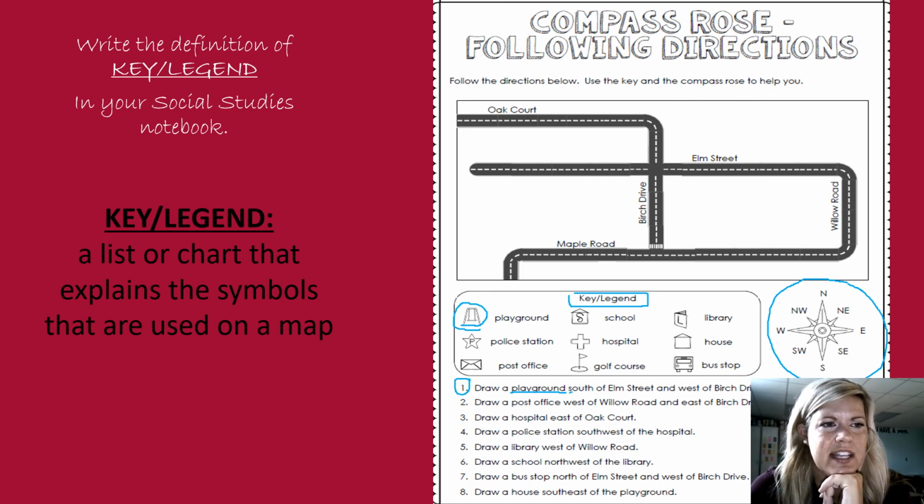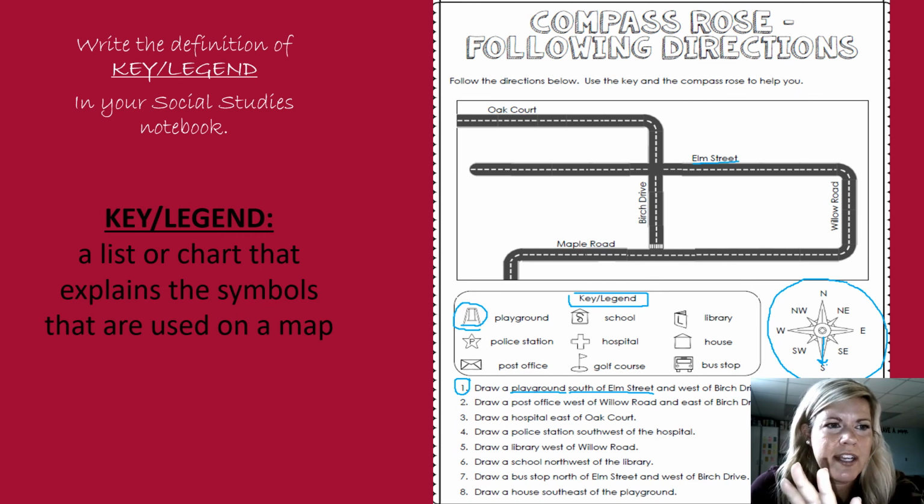So it says south of Elm Street. Okay? South of Elm Street means I need to go below it, because south means you're going down when we're drawing it on a picture. So I find Elm Street, and I know I need to be below Elm Street.